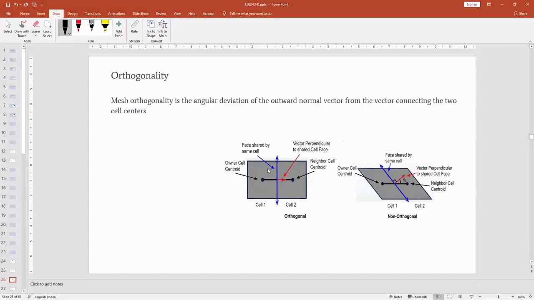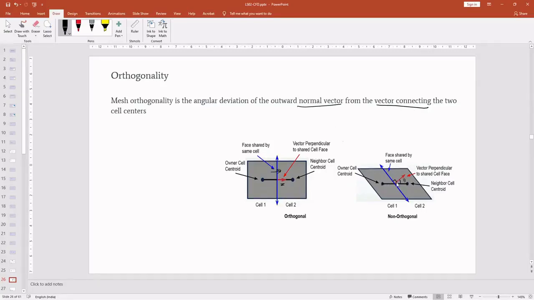We have already discussed how in the control volume, I mean finite volume method, the face and the flux through the face is important. So in that sense, mesh orthogonality or non-orthogonality becomes important. Suppose this red arrow represents the outward normal vector of this common face, and the black line represents the vector connecting two cell centers or centroids.